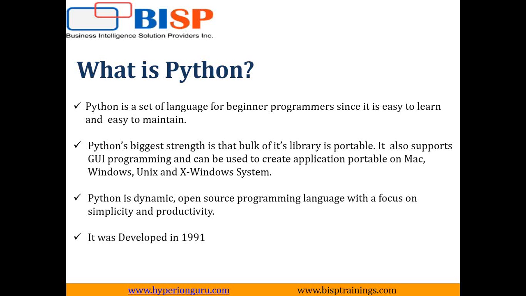It also supports GUI programming. So by using Python, we can build GUI programs, or we can design forms as well, and it can be used to create applications which can be portable on Mac, Windows, Unix, and X Windows system. It's a dynamic, open source programming language with a focus on simplicity and productivity.